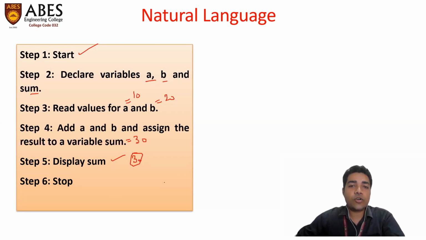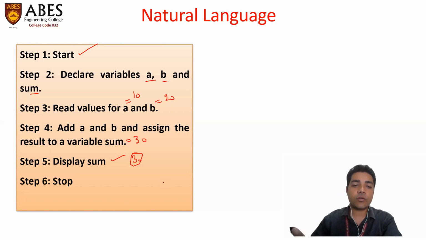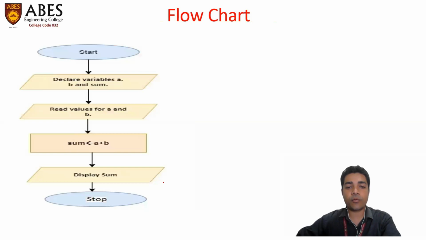I need to have an approach for how to write the program and which data structure to use. So in order to do all those things, I have to have a blueprint. These are the ways to write that blueprint, the ways to write things before we can write the final program. The second approach we can use is a flow chart.